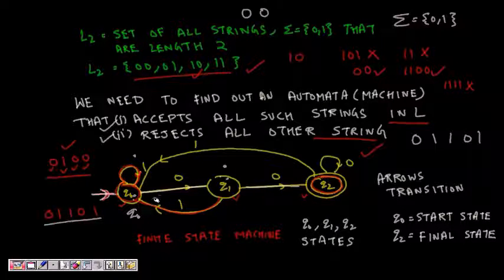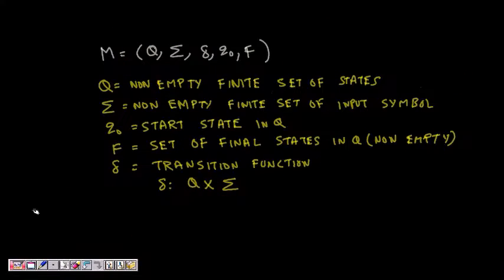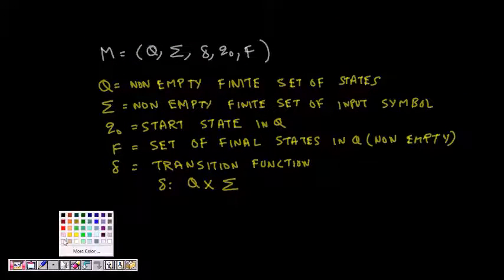Now for each of 0 and 1, at each state I have to have some transitions for what happens in that state when I see a 0, and what happens when I see a 1, so which other state I go to. This is the transition. Then we have a start state, which is denoted by this arrow. You have only one start state. And then we have a set of accepting or final states. So let's see formally.